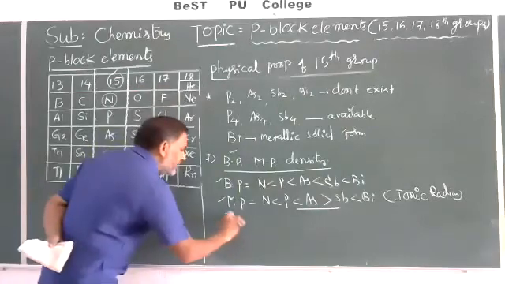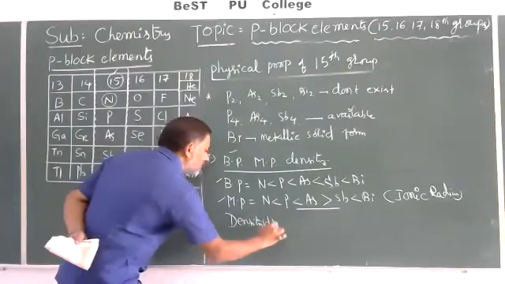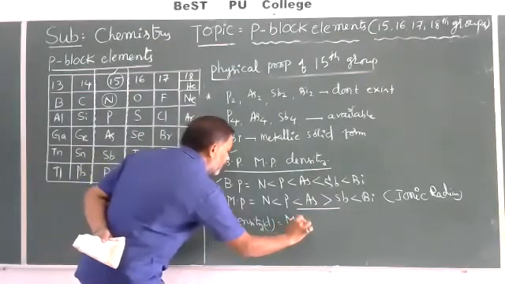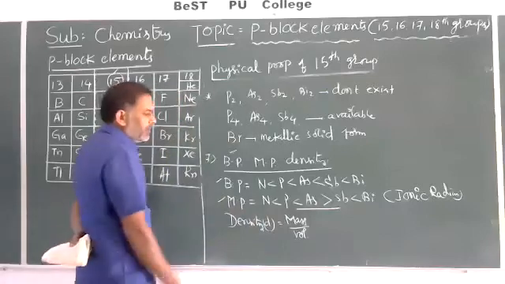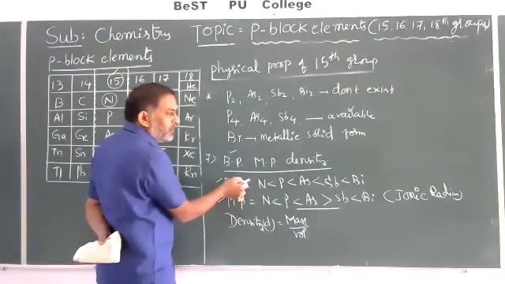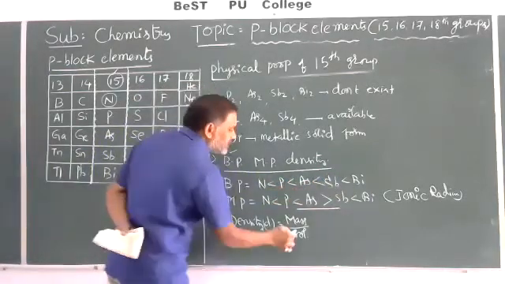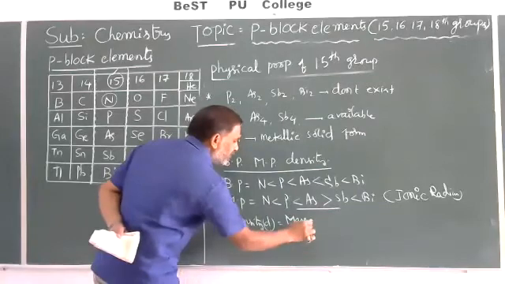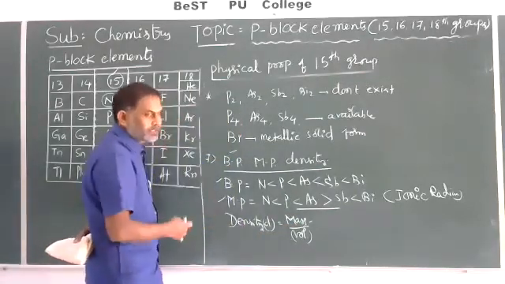Now the density, which is mass by volume. In 15th group elements, from top to bottom atomic number increases, size and volume increase, mass also increases, and proportionately density also increases.